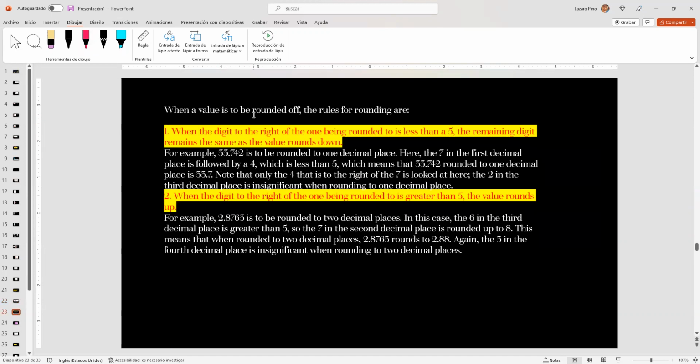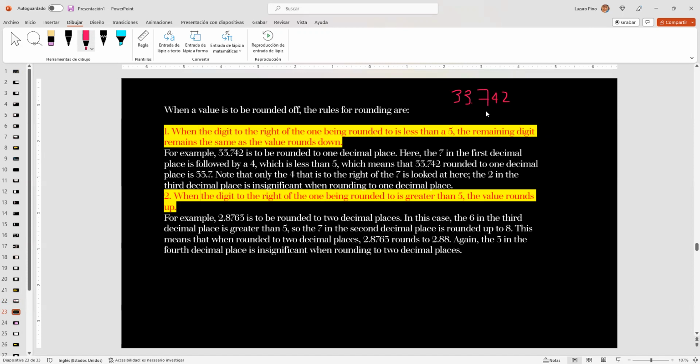When a value is rounded, let's see how we can round a number. Look at this. We have a number, and we have to round it to the tenth. This number is, I'm going to write it here, 33.742.